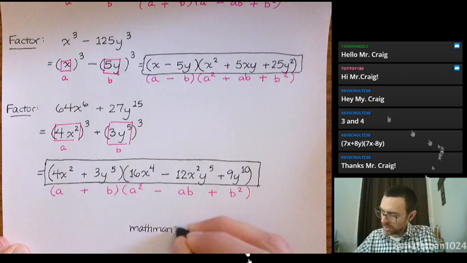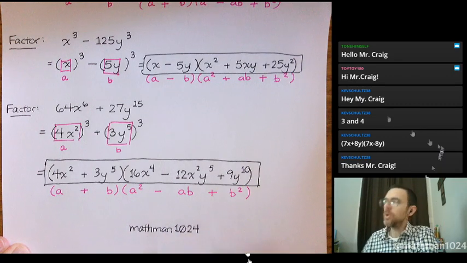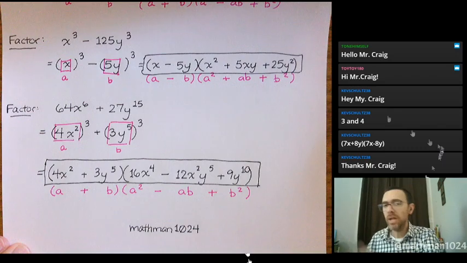Tomorrow, the plan is to review radical expressions. So we're just going to do a quick rundown of working with square roots, cube roots, and other higher order roots and radicals, how to combine like radicals, what does that look like, what does that mean.